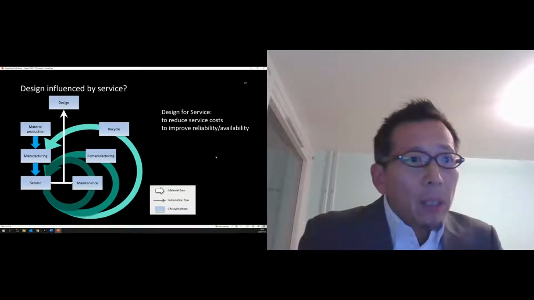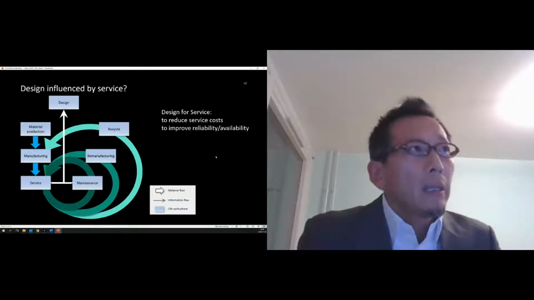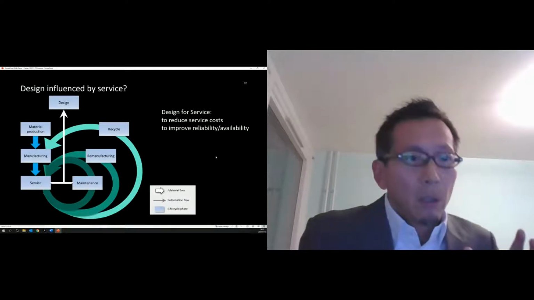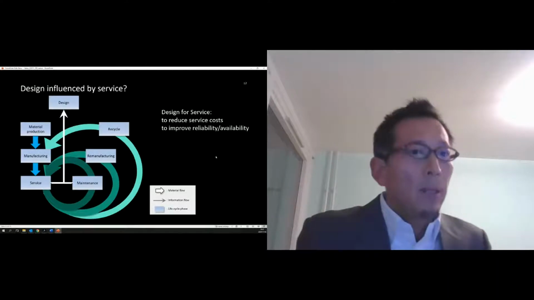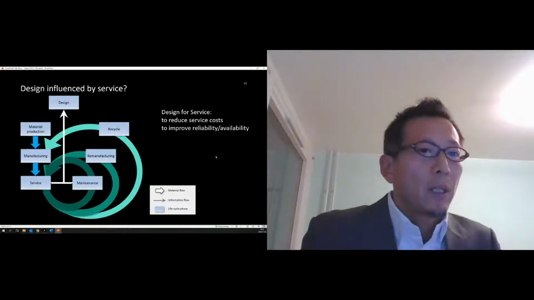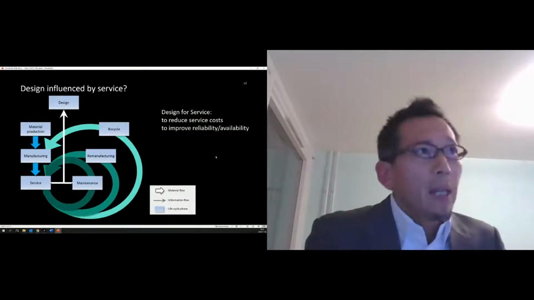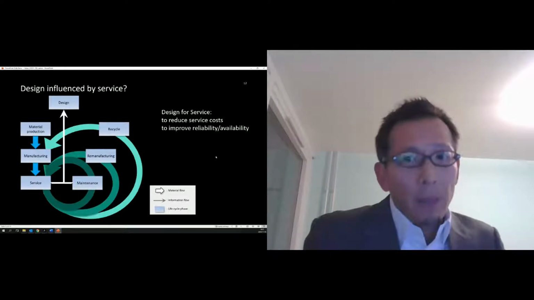This also makes sense because design for service aims to reduce service costs that are borne by this OEM, because this OEM also provides services as well. And also it improves the reliability of the product and also availability.